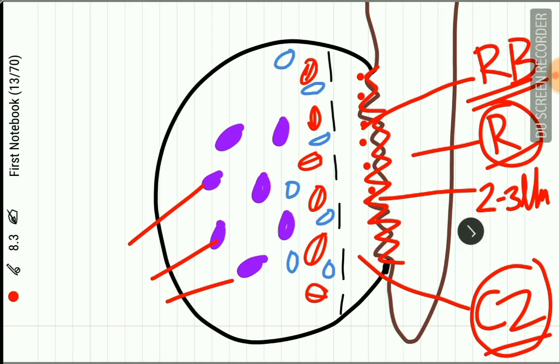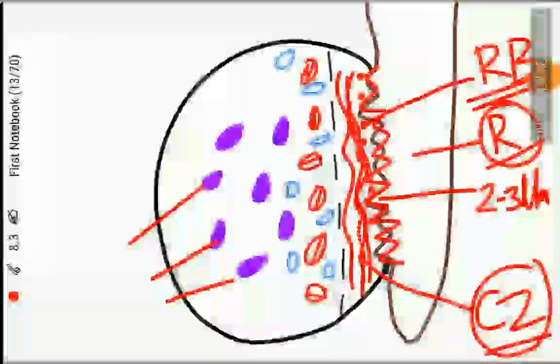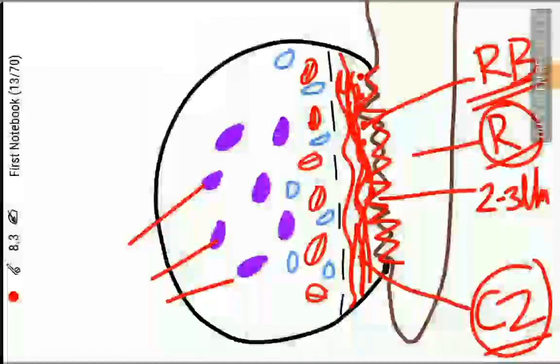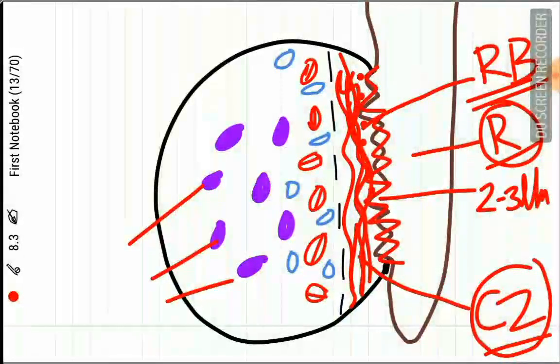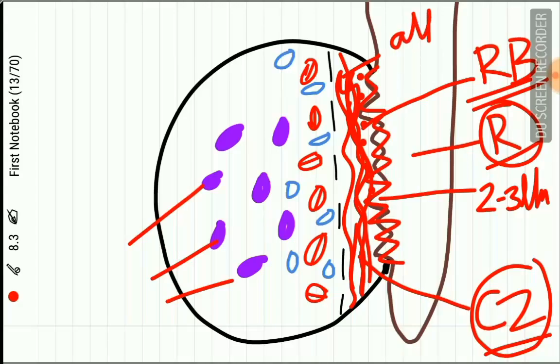The clear zone is devoid of organelles but contains another important structure. These are the actin and myosin filaments present in the clear zone.